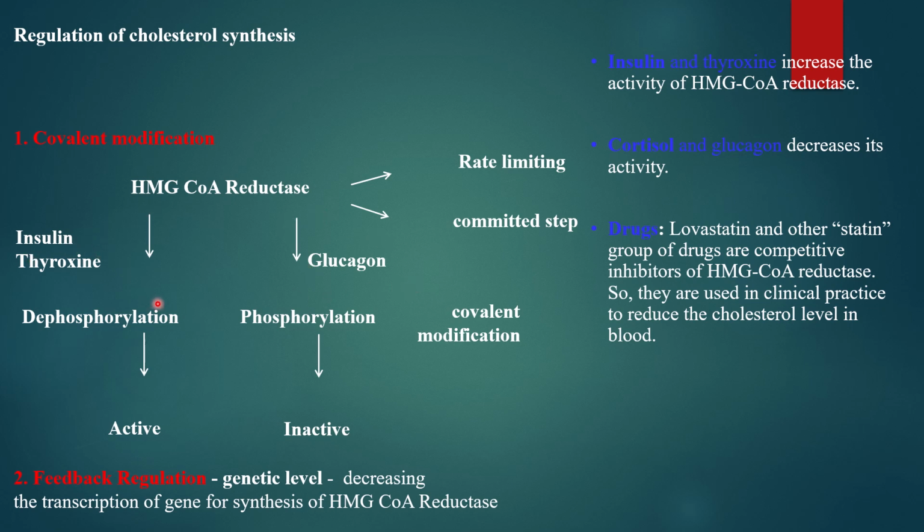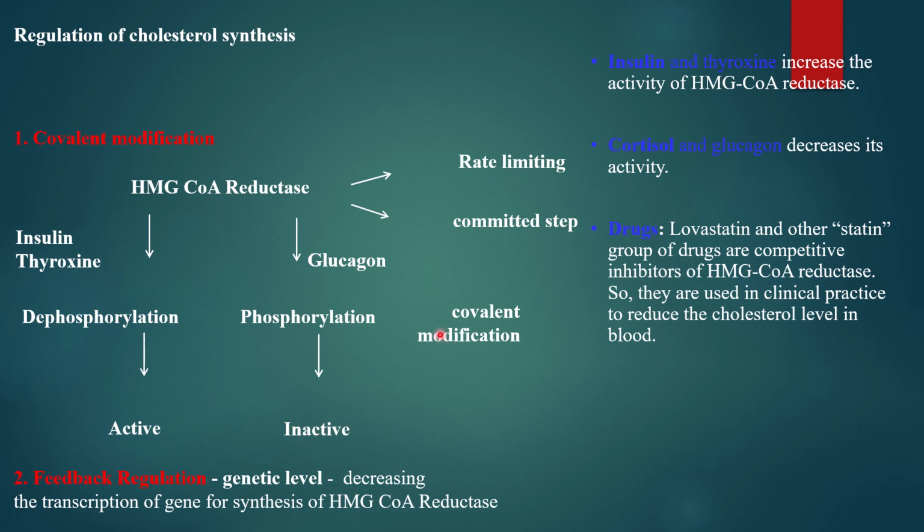So insulin and thyroxine lead to the dephosphorylation of HMG coenzyme A reductase, which is converted into the active form. And in this active form, this leads to the synthesis of cholesterol, while in the phosphorylated state, which is facilitated by glucagon, it becomes inactive and it inhibits the synthesis of cholesterol.